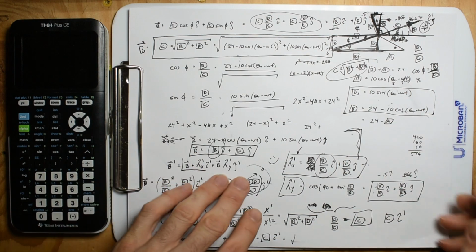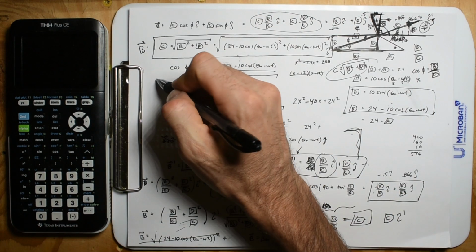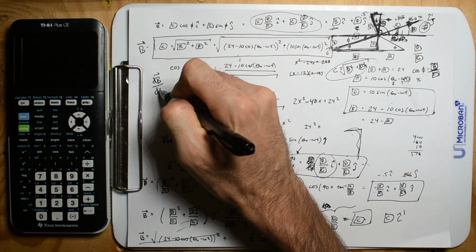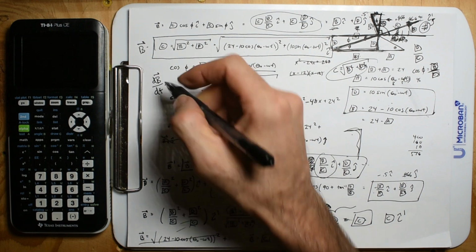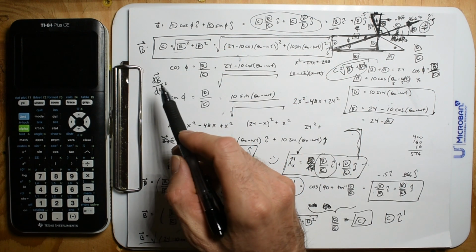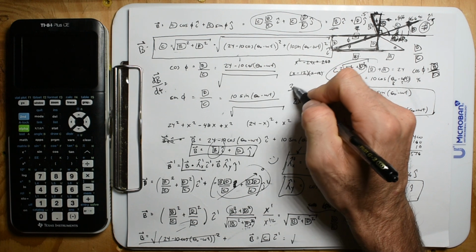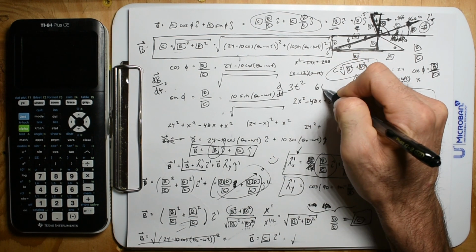Cool. So now this problem asks, what's the velocity? So you take the derivative of this equation with respect to t. Now if this equation was just 3t squared, the derivative of it would just be 6t.